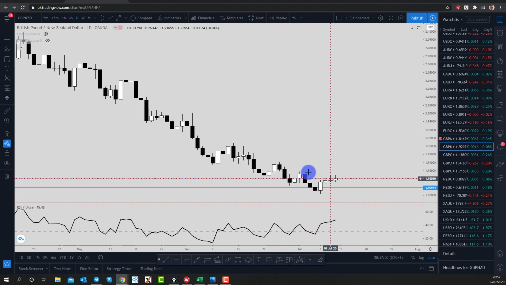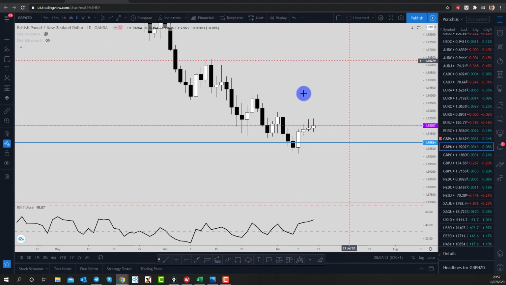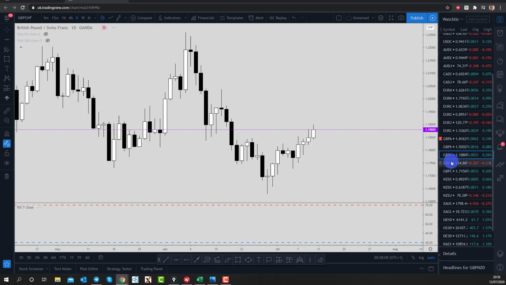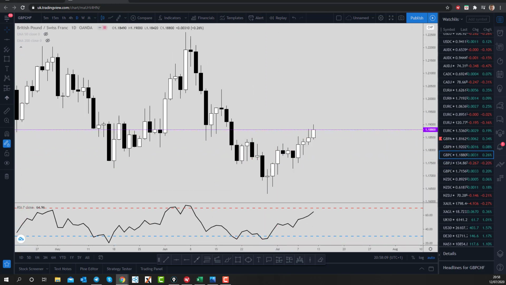No changes in cycle on the daily time frame just yet. So what we would need to see is either, like pound Aussie, a double bottom pattern, or a break of this swing high at the moment would be enough for me to start looking for buying opportunities on pound Kiwi.